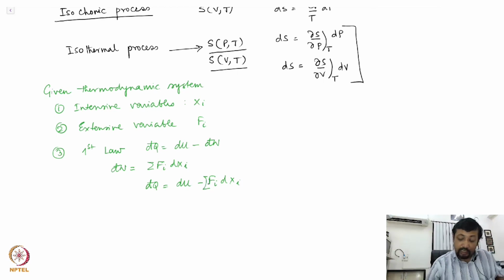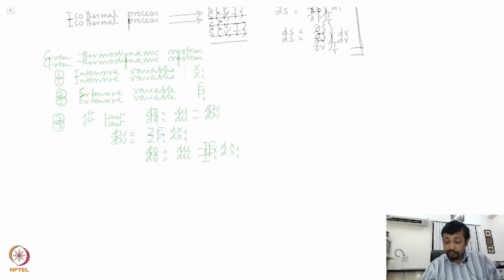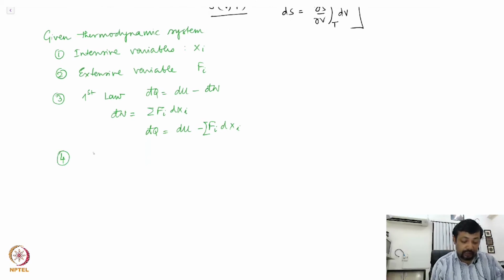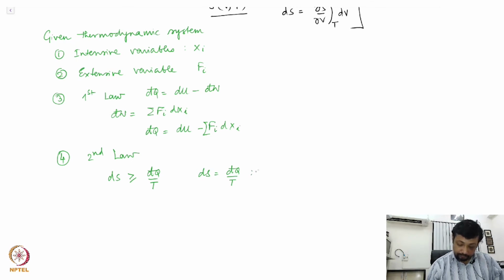If you have two coordinates, two terms are going to come, three coordinates, three terms are going to come, so on and so forth, and then enters the second law that tells you that dS must be greater than or equal to d̵Q by T. If it's a reversible process, then you have dS is d̵Q by T, and therefore you have TdS is equal to dU minus sum over Fi dxi.